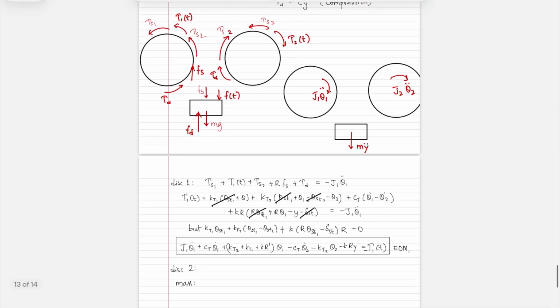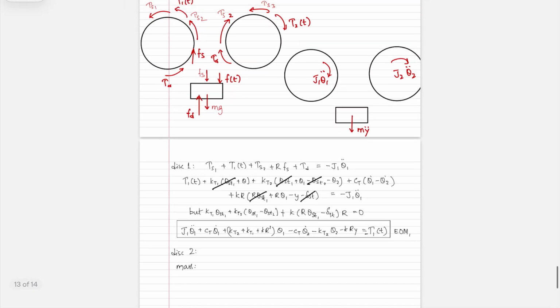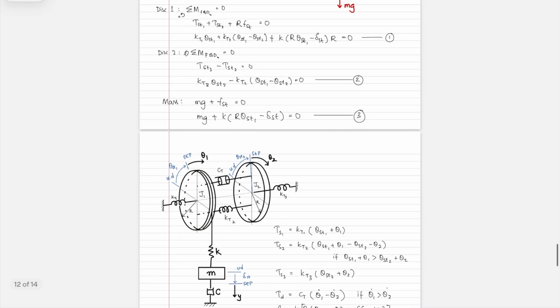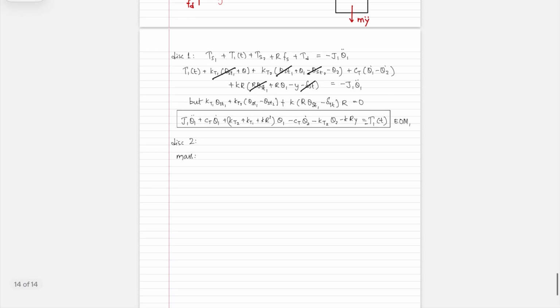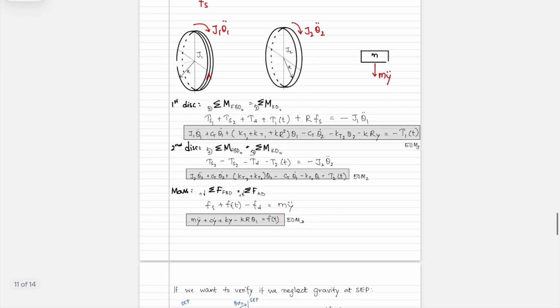You will write down tau d plus tau s2 minus tau s3 plus tau 2 of t is equal to J2 theta 2 double dot. And then as you do that, you will find again terms that cancel out based on this relation. And in the end, the equation of motion that you obtain will be the same as what you had obtained here.